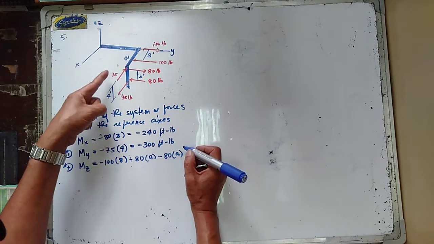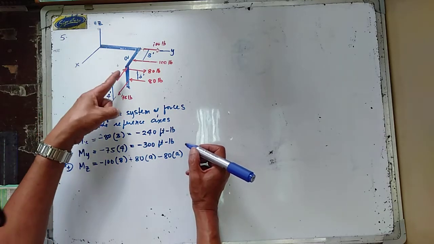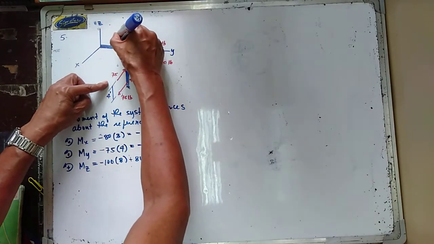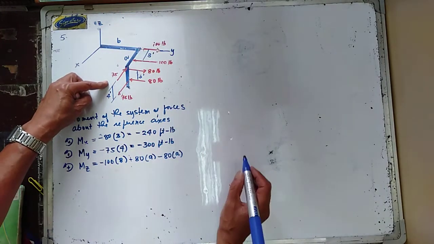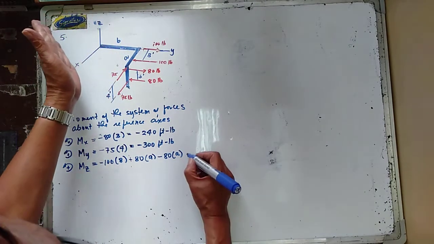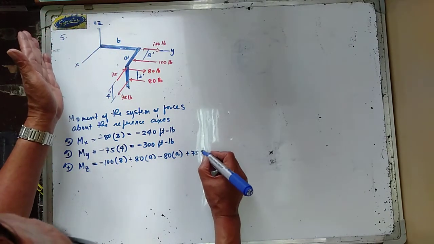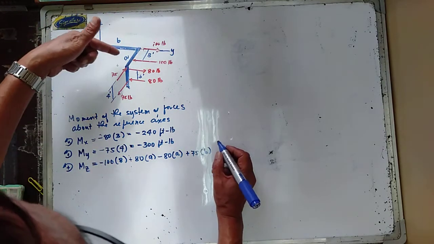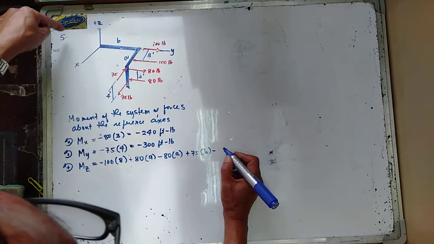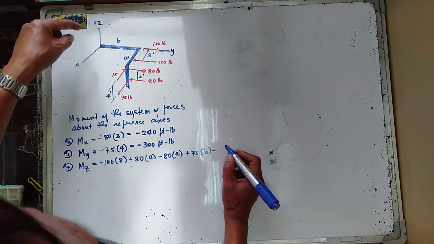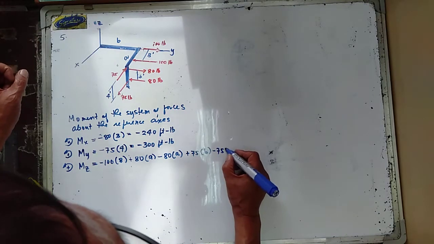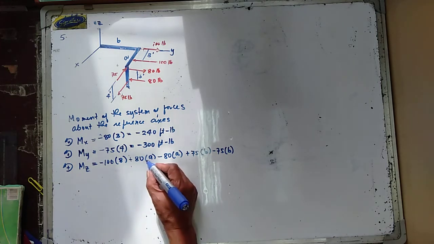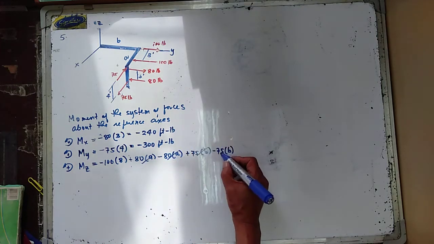Now your 75 is going counterclockwise, and I'm going to consider that this distance is B. So plus 75, multiplied by B. And then this one is going clockwise about the z-axis, so minus 75, multiplied by B. Therefore, these cancel out.